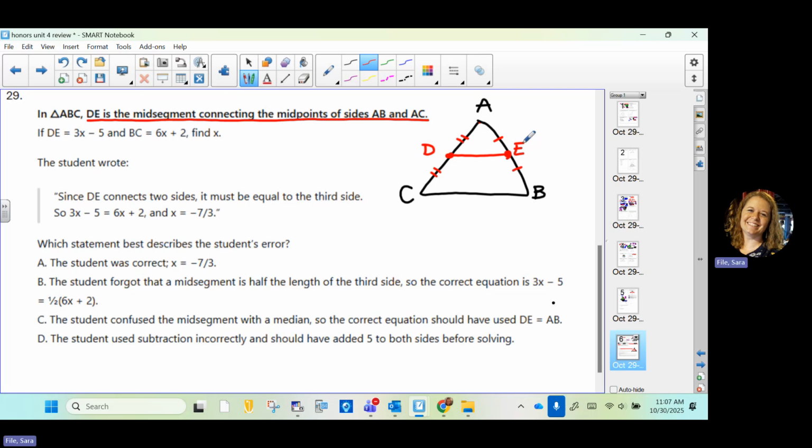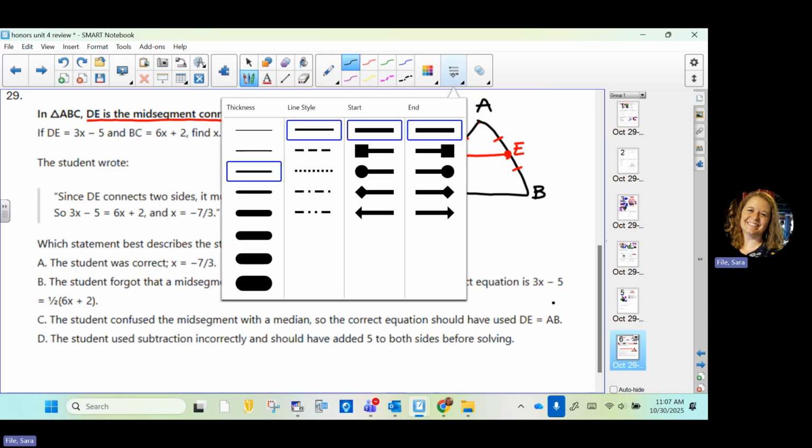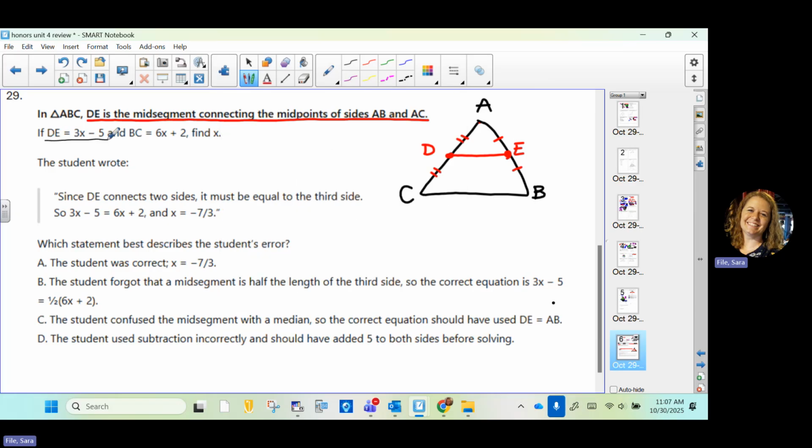Now the student said, since DE connects two sides, it must equal the third side. So he's saying that the length of DE is equal to the length of CB. Oh, and we didn't label our equations on here. Let me label those. It says that DE is 3x minus 5, and BC is 6x plus 2.